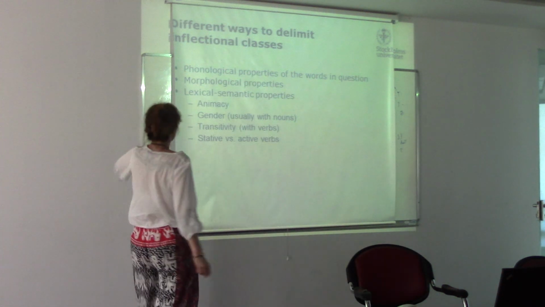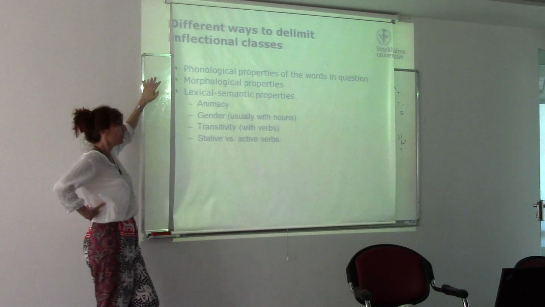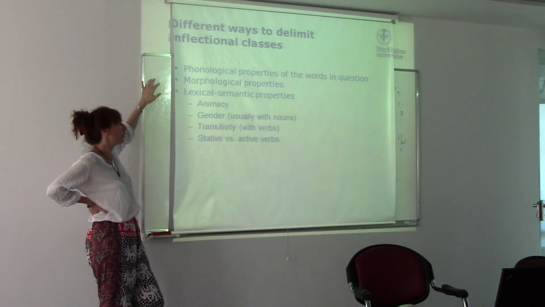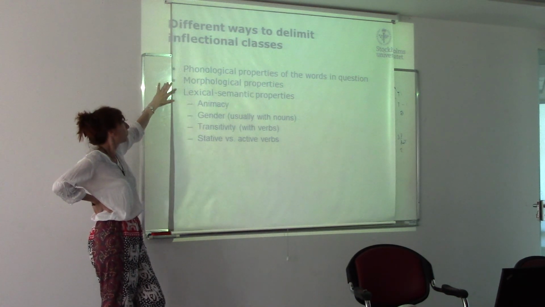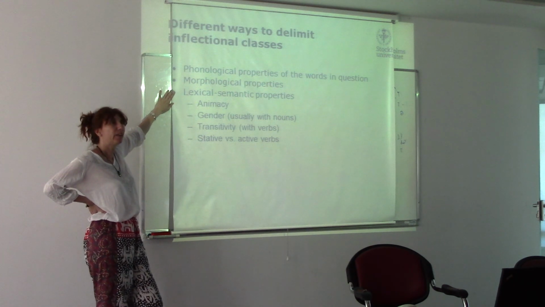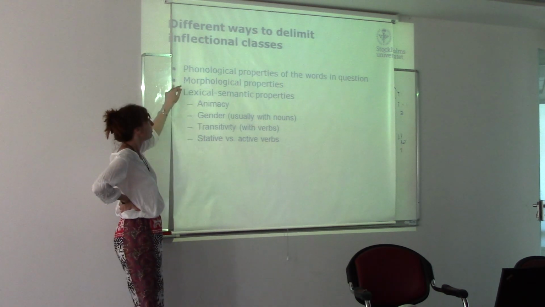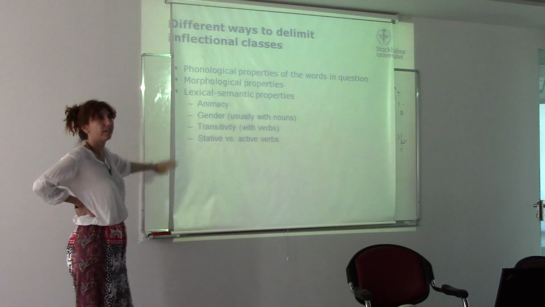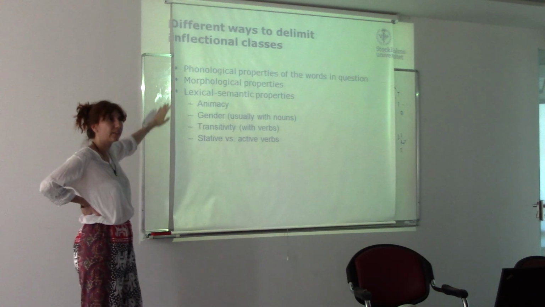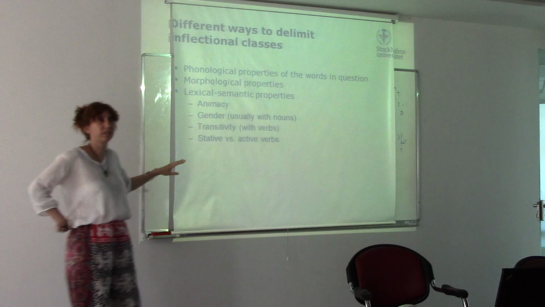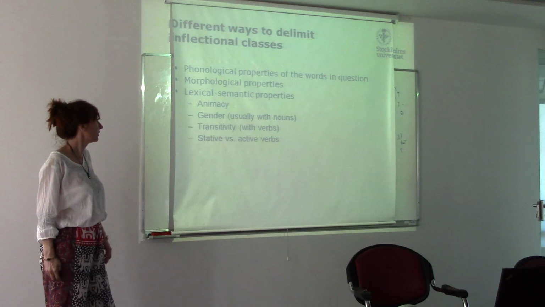So, I've talked about phonological properties in Swedish and morphological properties as well. In many languages, these are not enough. Other languages will use lexicosemantic properties of words to delimit inflectional classes.